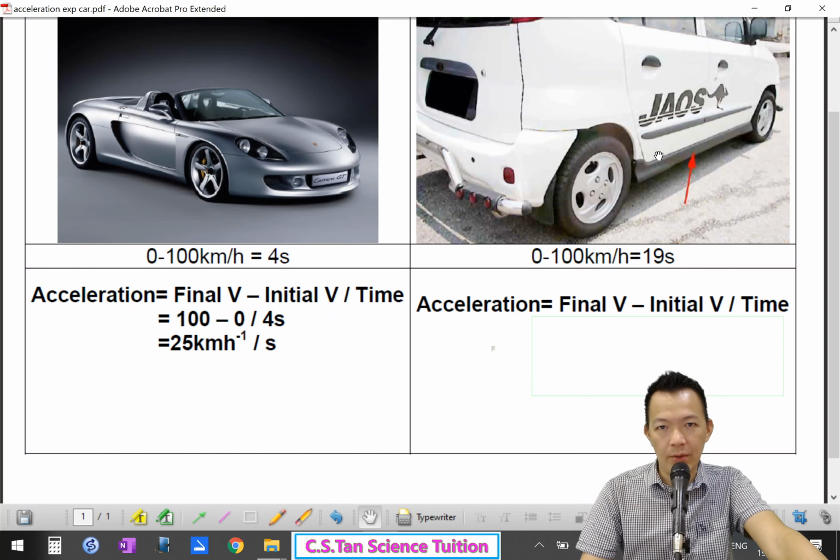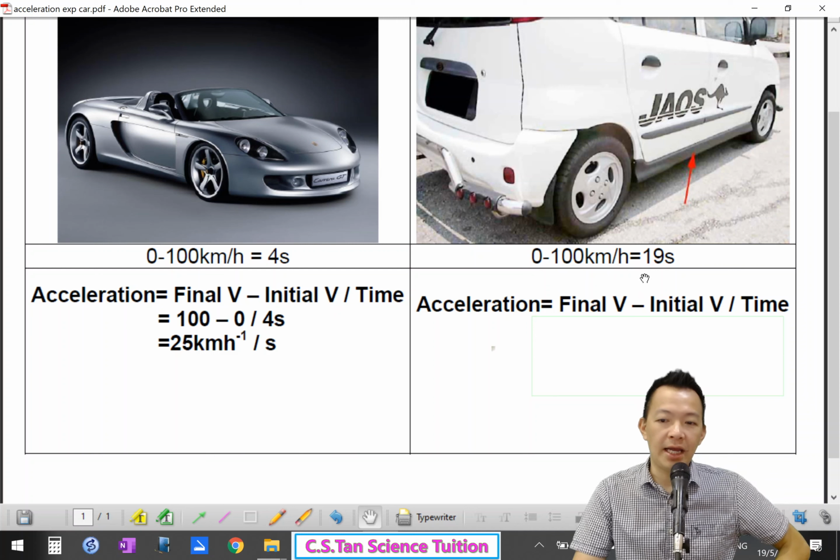Okay, but compared to this car, I have one of the cars like this. Last time, when I started to become a tuition teacher 啦 actually I bought this style of car. 我曾经买过一辆 okay, and I actually tested myself before. 我曾经自己 test 19.2 seconds from 0 to 100.